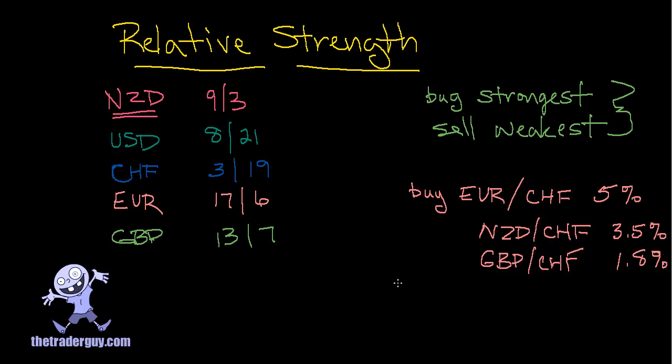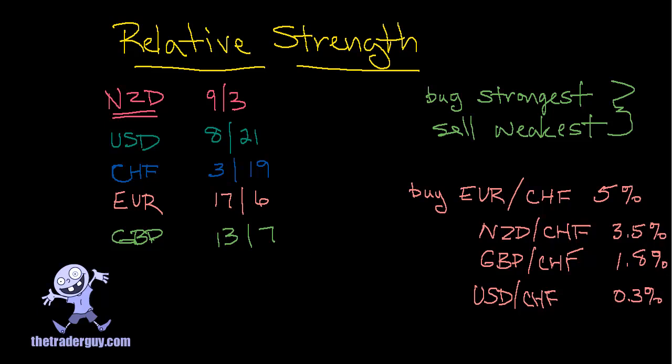Well, you see where I'm going with this. This is about maximizing returns, because for that matter, you could have bought dollar Swiss, and maybe it went up, I don't know, 0.3% or something. You'll find over time, by going through and measuring what's the strongest and what's the weakest and matching them up, that's the way to go.